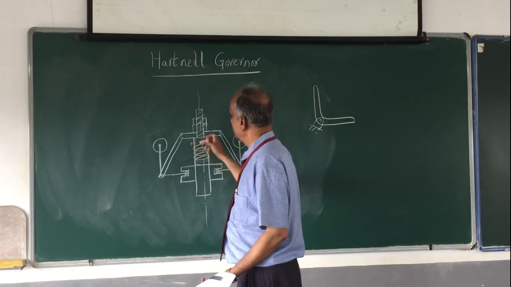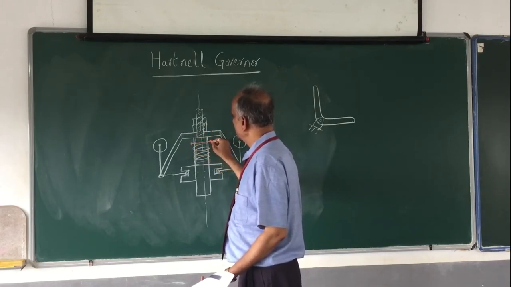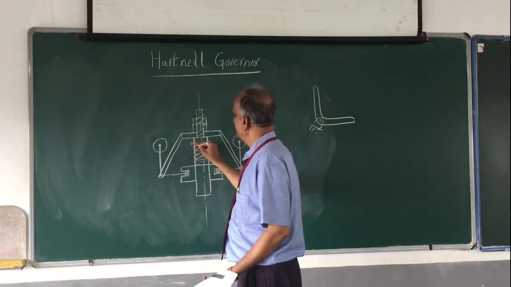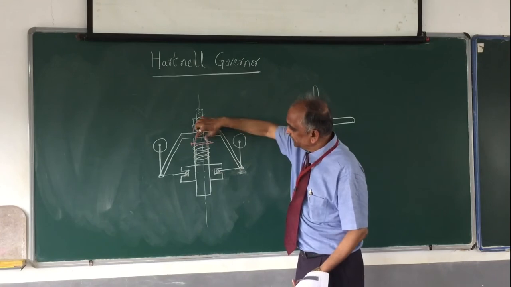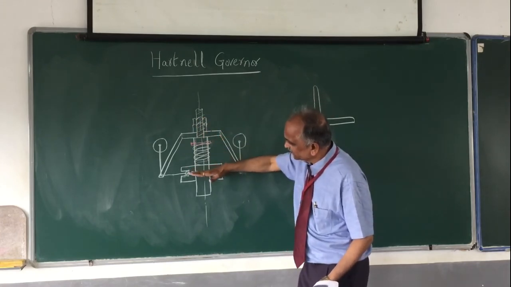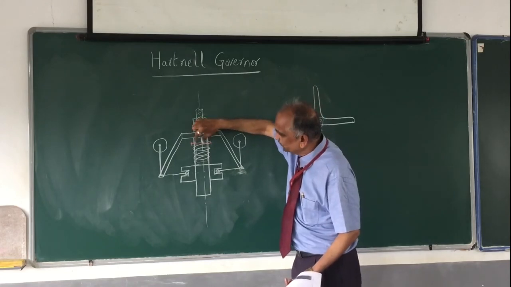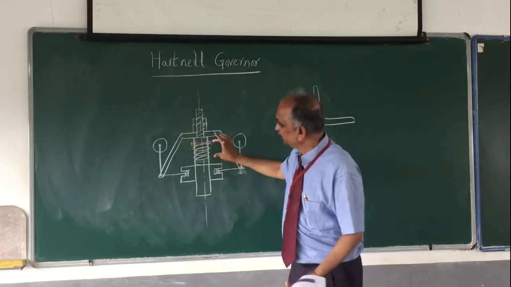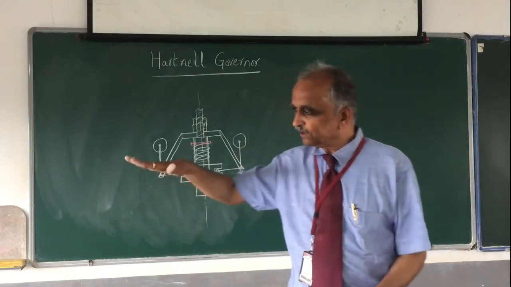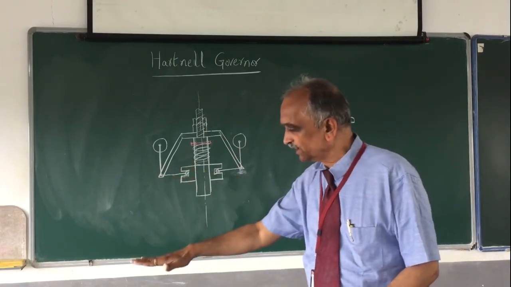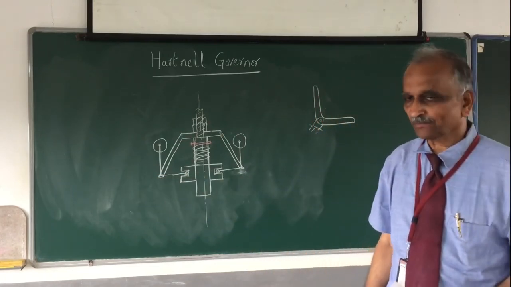As I have shown you, this spindle is also threaded. The purpose is you have a nut-like thing which can move, and using this nut, even with the sleeve in its lowest position, you can compress the spring and see that even when the sleeve is at its lowest position, you have some force on the sleeve.